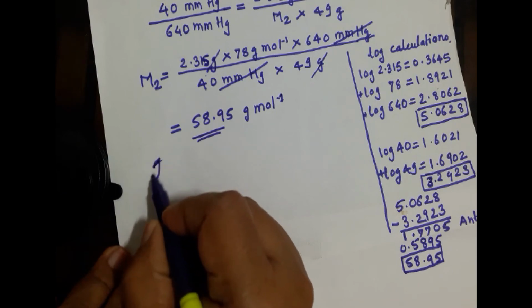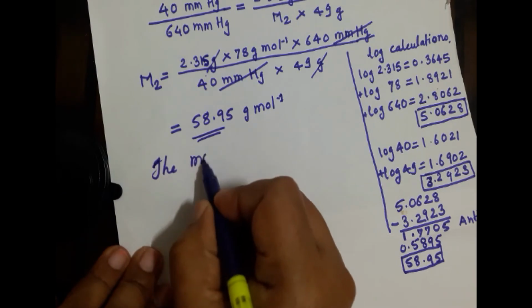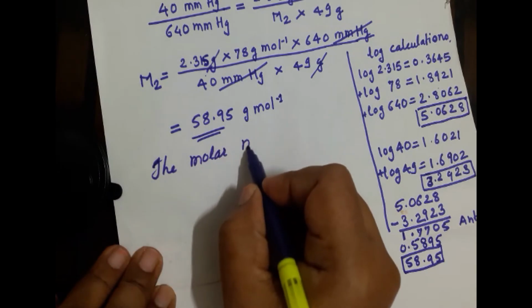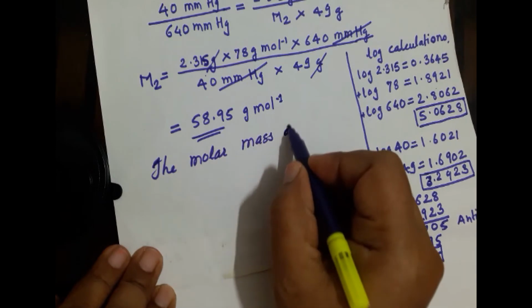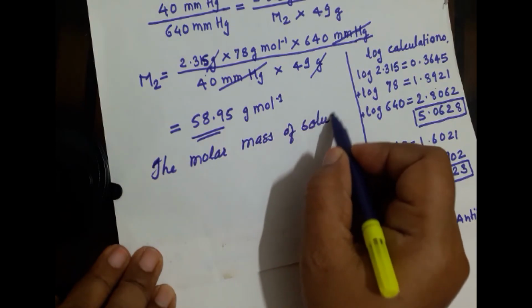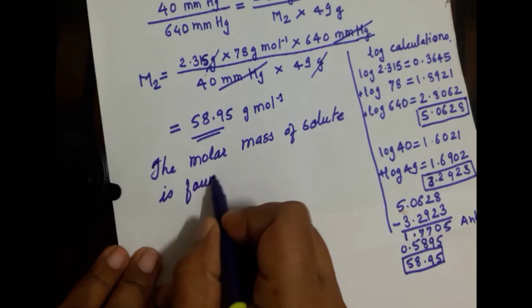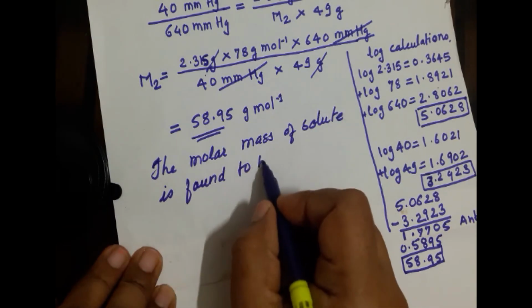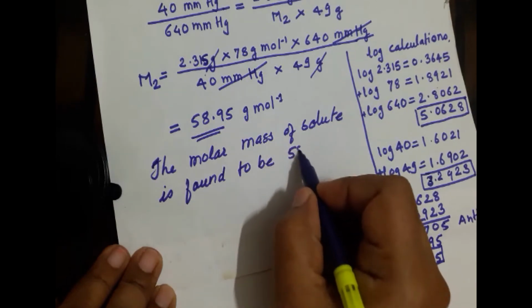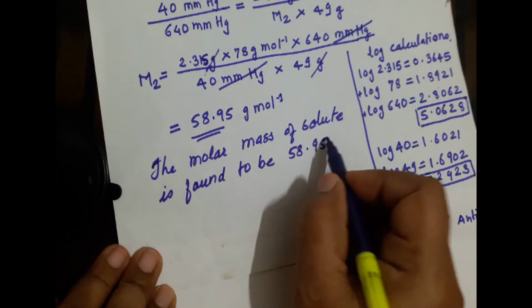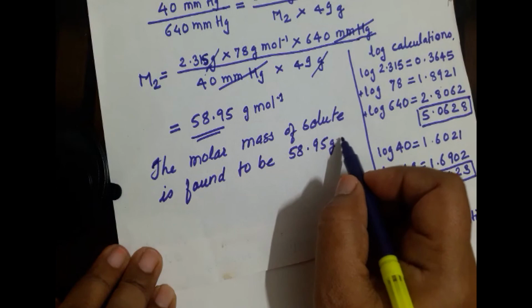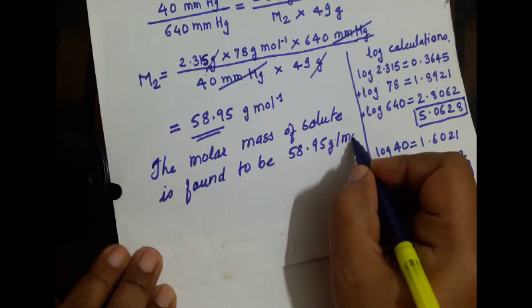So the molar mass of solute is found to be 58.95 gram per mole.